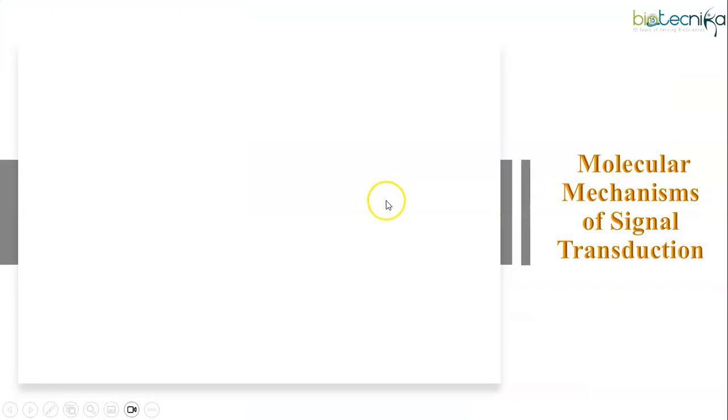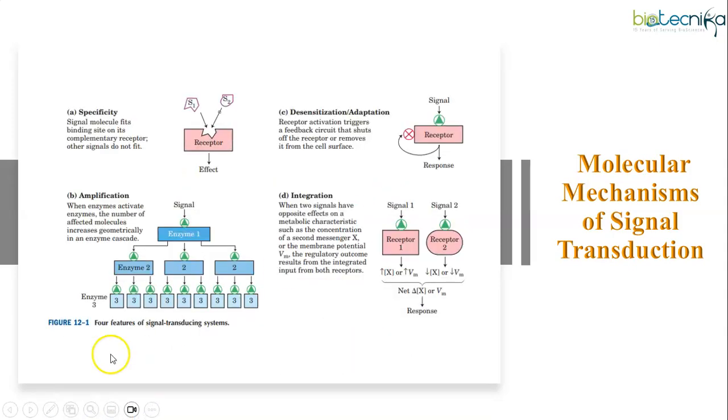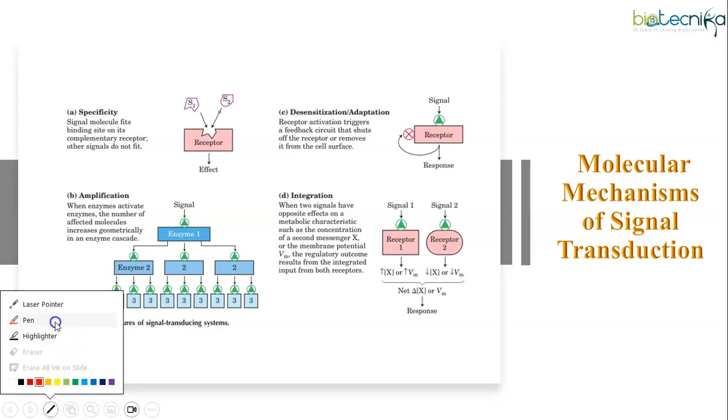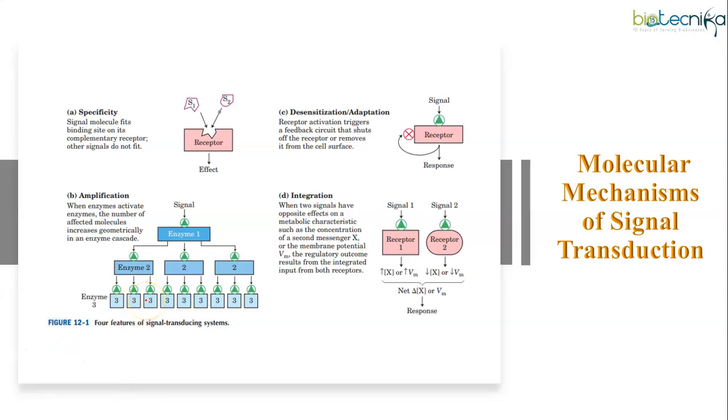Now, what are the molecular mechanisms involved in signal transduction? We have four important features for every signal transduction pathway. First one is specificity. That means a particular signaling molecule has its affinity towards its corresponding receptor.